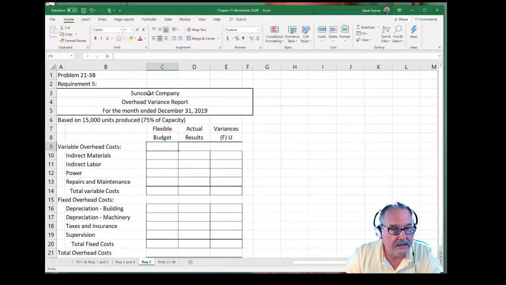And because we operated at 75% of capacity, which is 15,000 units, we're going to use the flexible budget from the middle column, which is 15,000 units. So I will populate that, and I'll be right back.